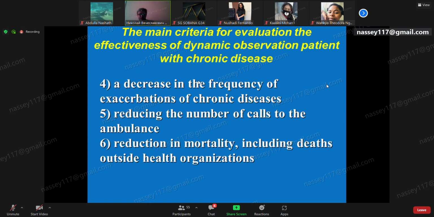All these parameters we should analyze, for example, for preparing a report for the whole year about the main results of secondary prevention.